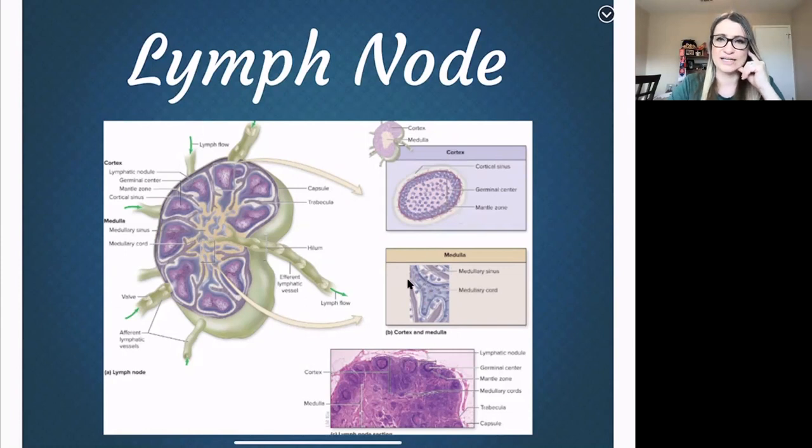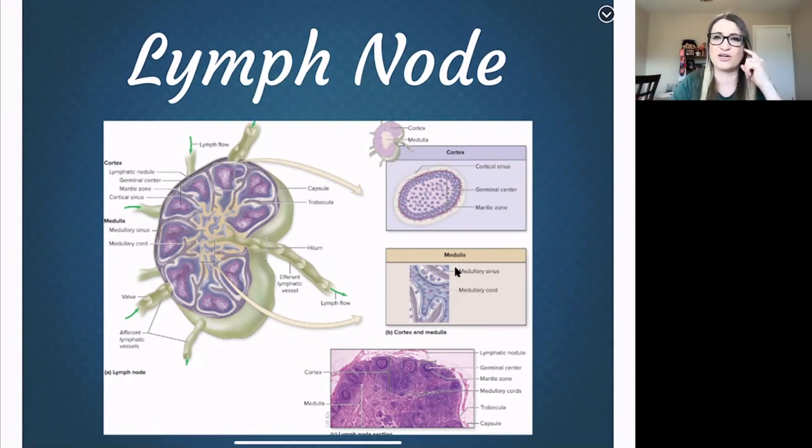So that's our cortex. If we look at the medulla, the yellow box right there, the medulla has medullary cords and medullary sinuses. Medullary cords, just imagine them as a series of fibers running through, and in those fibers you have immune cells suspended within them.